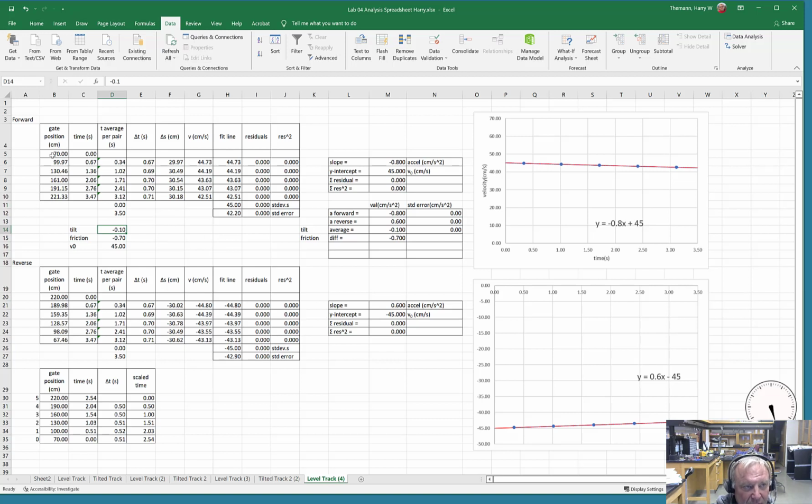So you'll notice what these are from the equation, where you have x of 0, which is the 70, and there's an initial velocity, that's d16, 45 times the time, plus 1/2 at squared, and the a in here is a combination of the tilt and the friction.